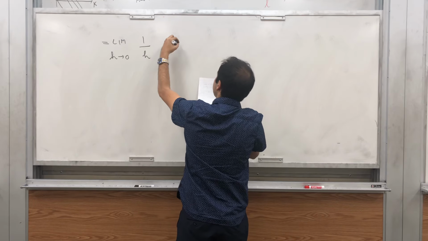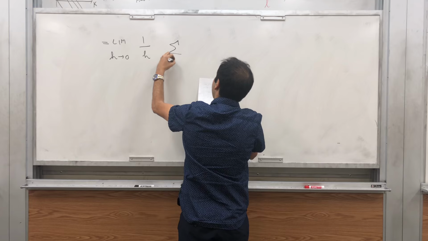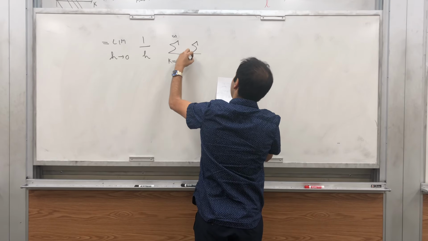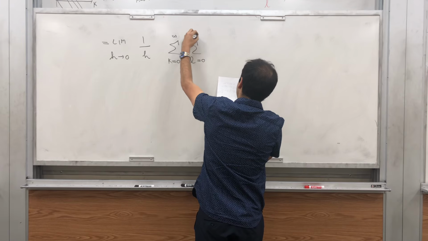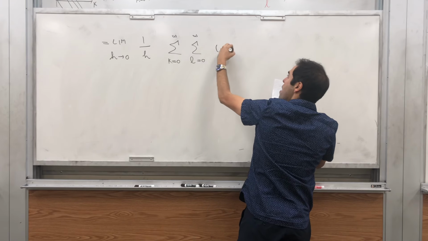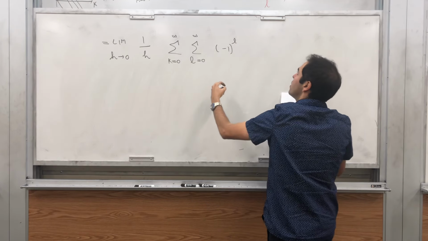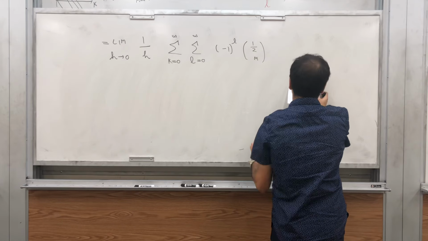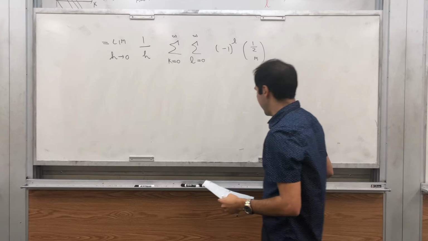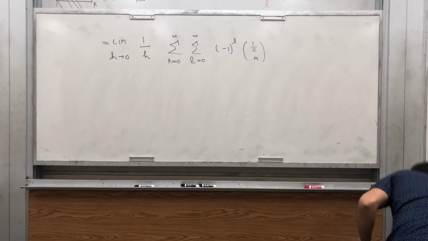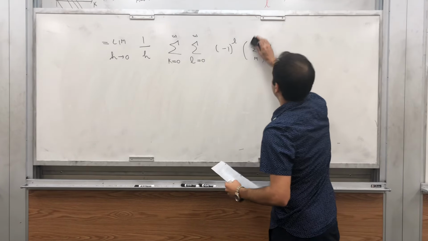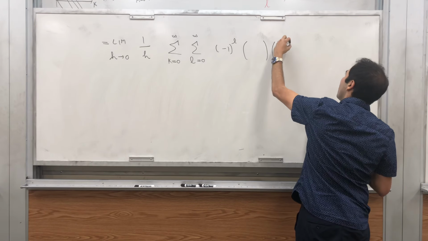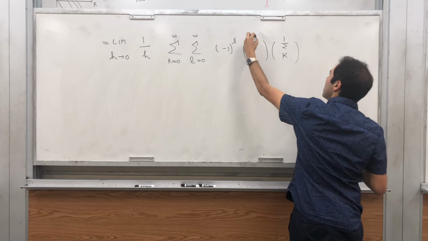Then, as I said, we sum over k from 0 to infinity, then we sum over L from 0 to infinity, and L is m plus k, so minus 1 to the L, 1/2 choose m, and then 1/2 choose k.